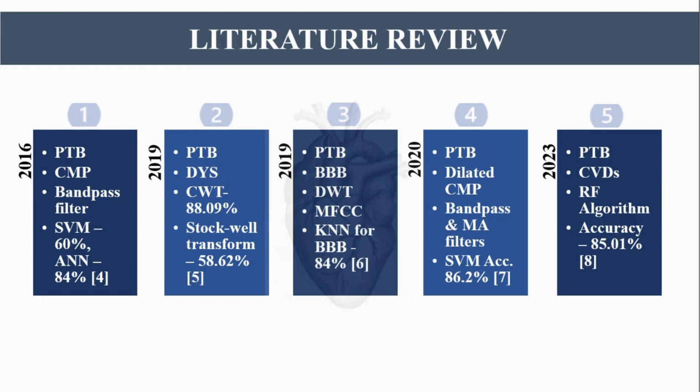Another article has utilized bandpass and moving average filters alongside SVM, achieving an accuracy of 86.2% for diagnosing dilated cardiomyopathy. And a work from last year has utilized the random forest algorithm to classify CVDs within PTB Diagnostics with an accuracy of 85.01%.